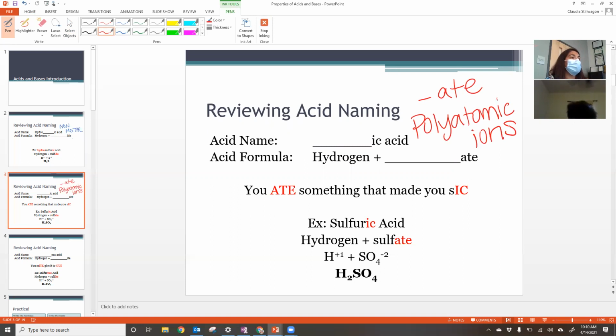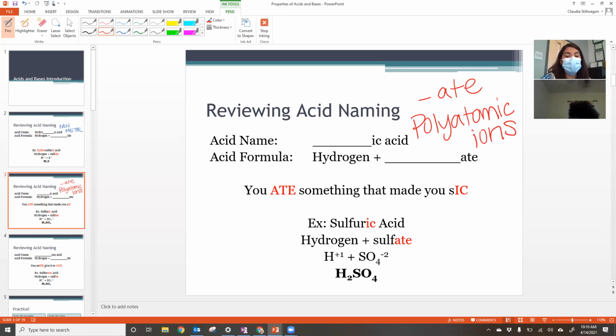Our ATE list is a lot longer than our ITE list, so just keep that in mind. For this class, there are going to be more ics than ous. Again, because you're dealing with an acid, when you're writing the formula, you've got hydrogen first.